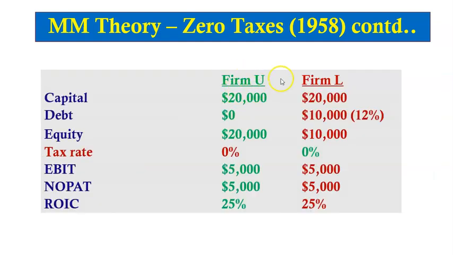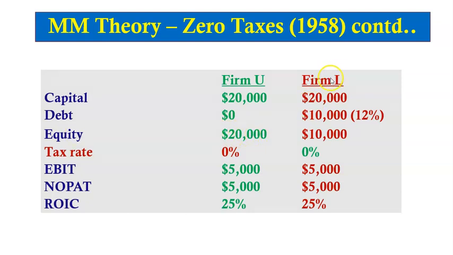Now, to prove these two propositions, let's have these two hypothetical firms here, firm U and firm L. Both the firms have $20,000 as capital. So the capital base of both the firms is the same. However, firm U, which is an unleveraged firm, has no debt in its capital structure and is 100% financed by equity.